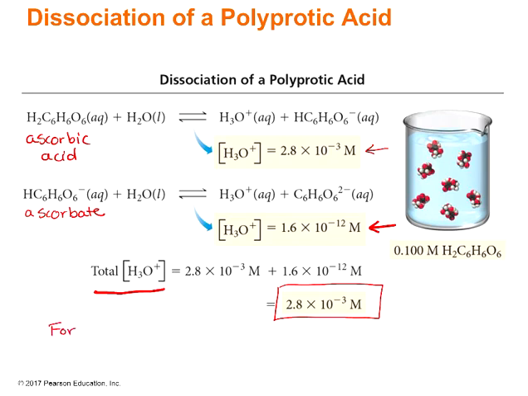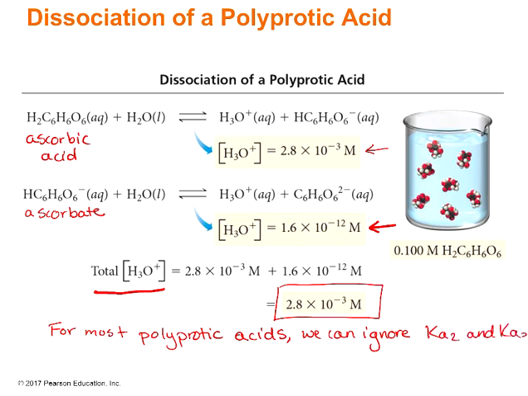So for most polyprotic acids, we can ignore Ka2 and Ka3. The concentration of hydronium ions from step 2 and 3 are negligible.